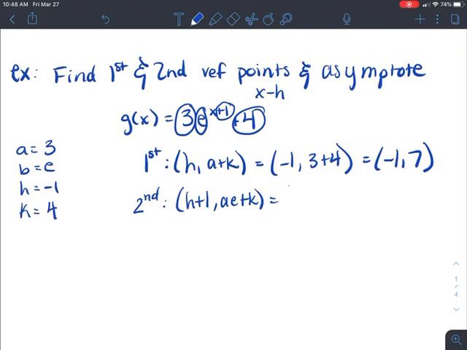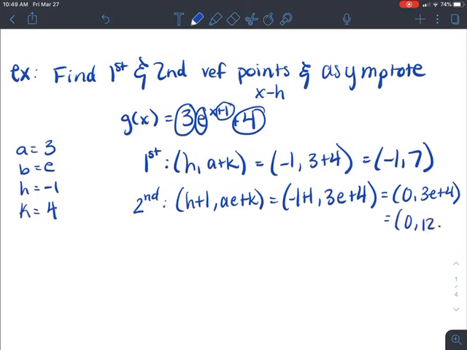So I'm just going to plug that in so that my h is -1 plus 1, my a is 3, e plus k, which is 4. This can either be written as (0, 3e plus 4), or you can plug the values into your calculator, which gives you (0, 12.2). So 12.2 is a rounded value. The original is 12.15, but I just rounded to 12.2.